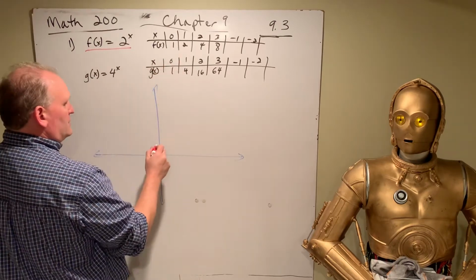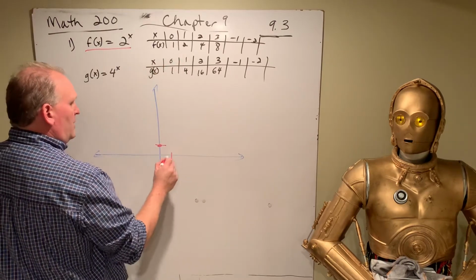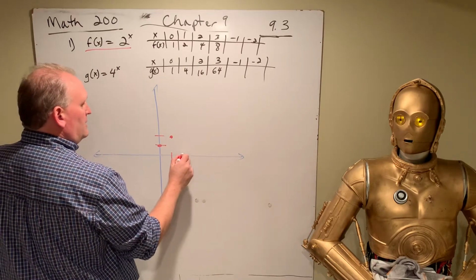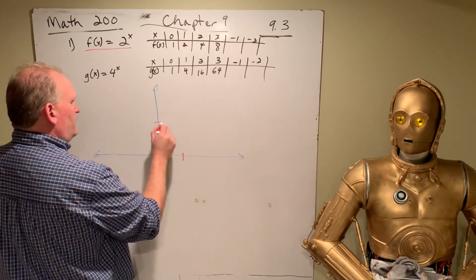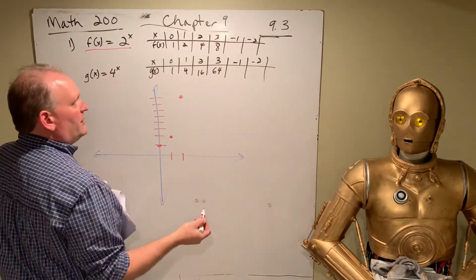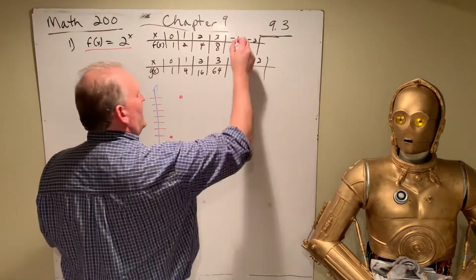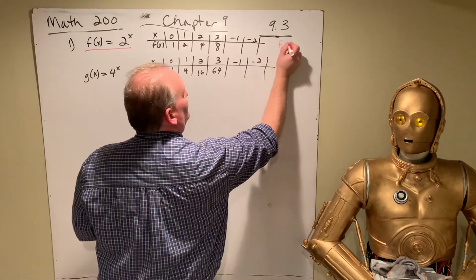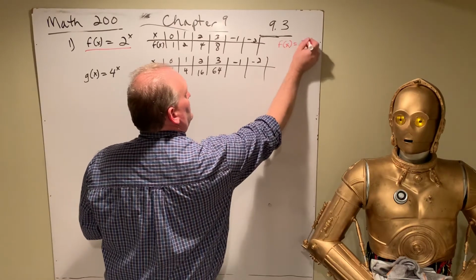So (0, 1), we knew that. Then 1, 2, and 3, 8. So that's going up pretty quick. And then negative 1, if I put in a negative 1, remember what that does. f(x) equals 2 to the negative 1.